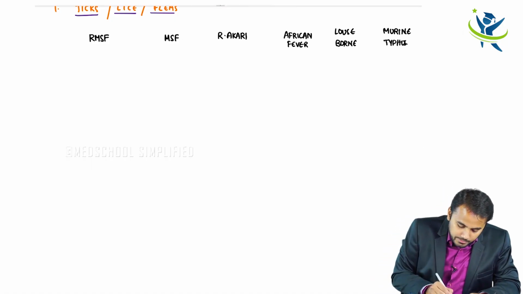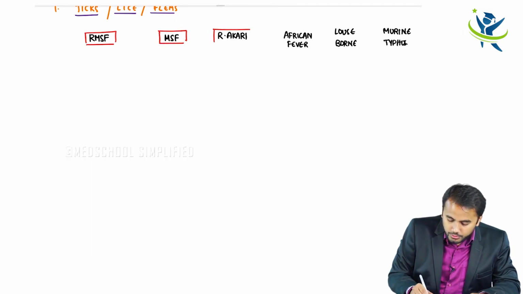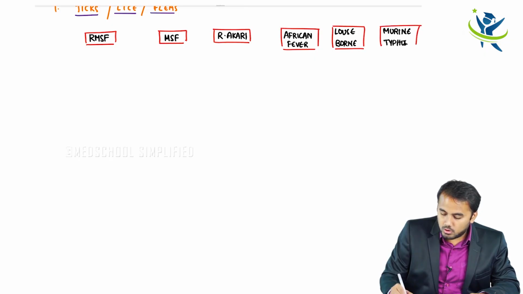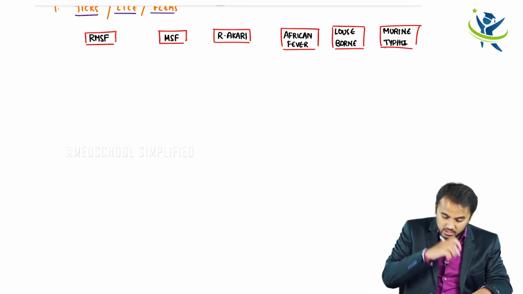So these are the basic things which everyone has to remember, and now in a minute we are going to make out the differences of which bug transmits all of this. Okay, so look here now.